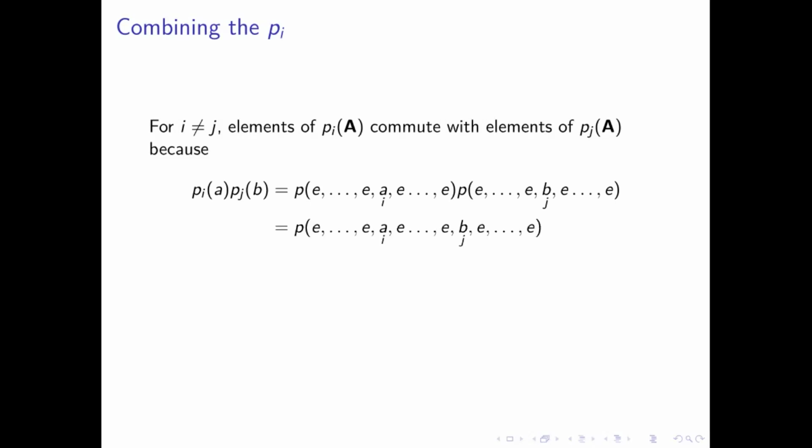Then we're using that the multiplication commutes with the polymorphism P, so you can pull the multiplication inside of P. Then you can just pull out Pj of B on the left. Again, multiplication commutes with P, so you can do this. And then this is exactly what you want. So elements of these different components kind of commute with each other. Okay, so that's the first thing.